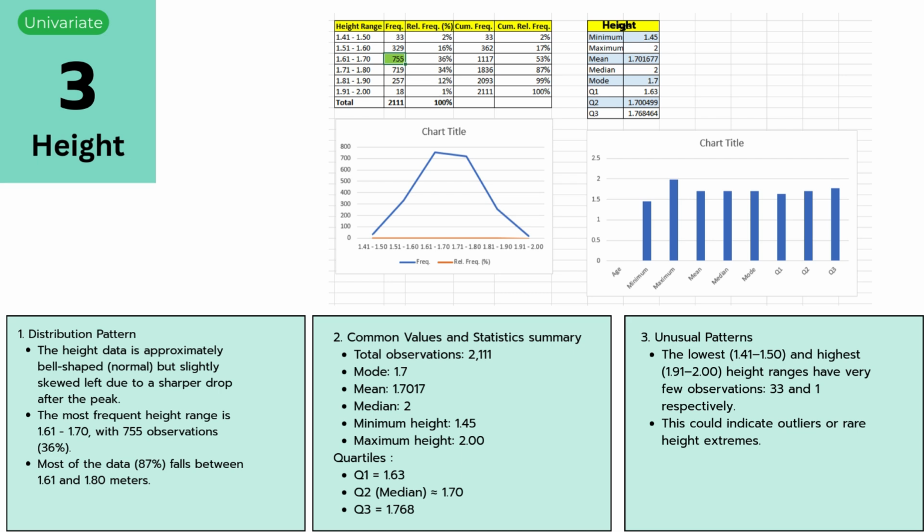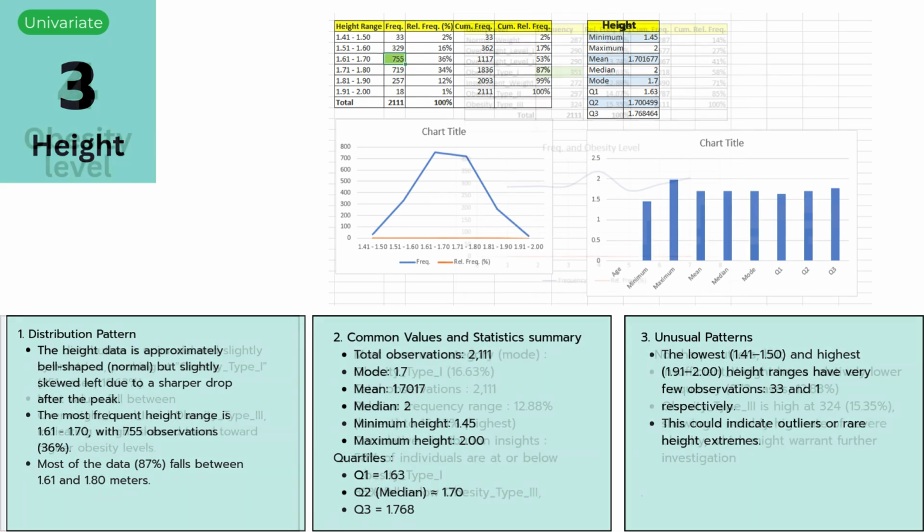This further confirms that most individuals are near the average height, although no extreme anomalies are present. A few cases fall in the lowest 1.41 to 1.5 meter and highest 1.91 to 2 meter ranges, suggesting possible outliers or large height variation.